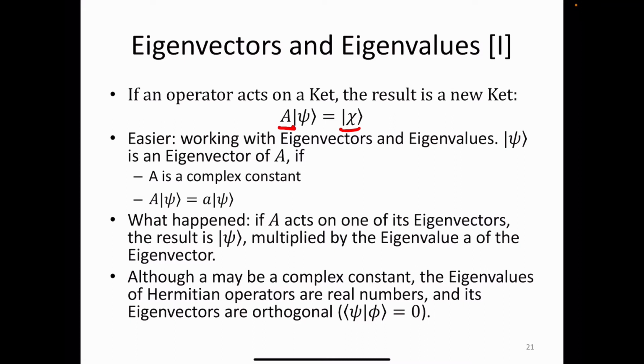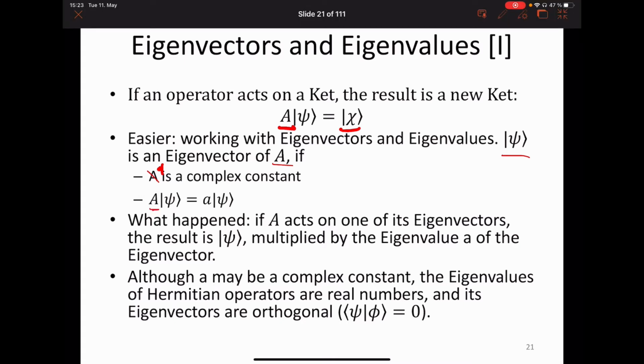If we look at this vector psi, then it is an eigenvector of the operator A if a, a small a, is a complex constant, such that application of the operator A on the vector psi gives you the same psi multiplied by a constant.